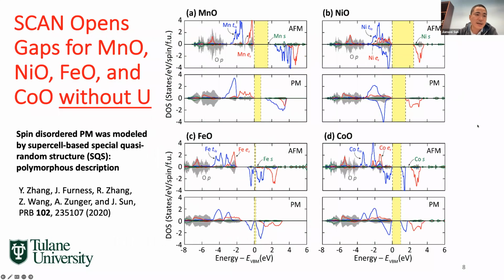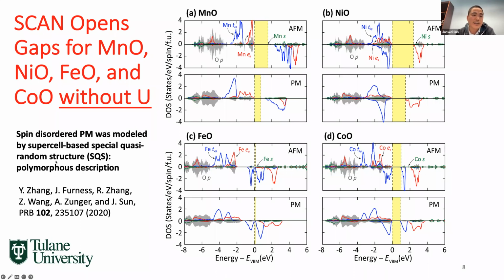So now this is the performance of SCAN on band gap predictions of transition metal monoxides without U. So we can say that SCAN opens the gap for all of them, in this AFM order as well as this paramagnetic phase.